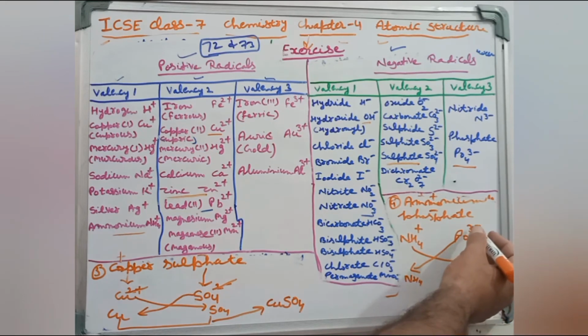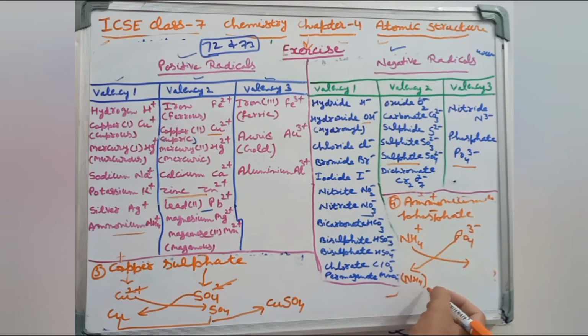This has 3 valency, so we will put its valency here. And PO4 here. Right? It has only one, no need to write it here. So combining this, our compound will become (NH4) thrice, 3 PO4. Right?